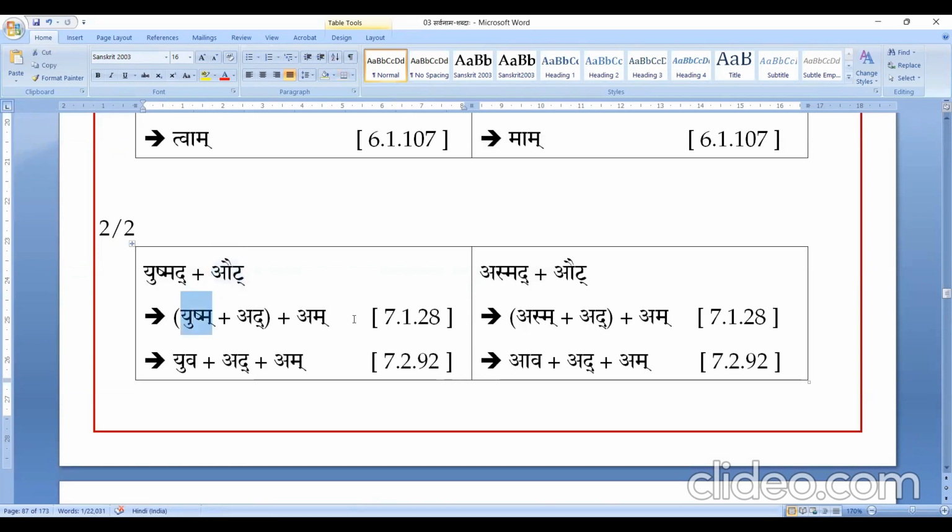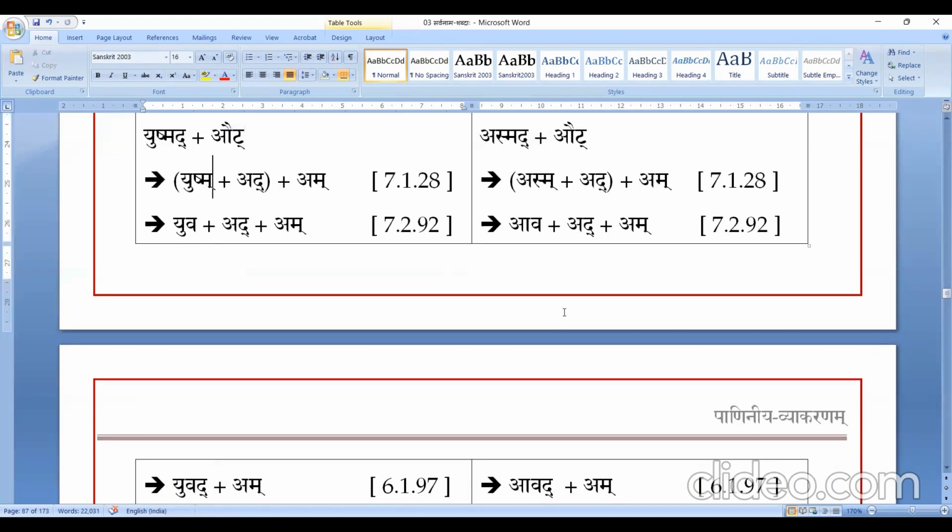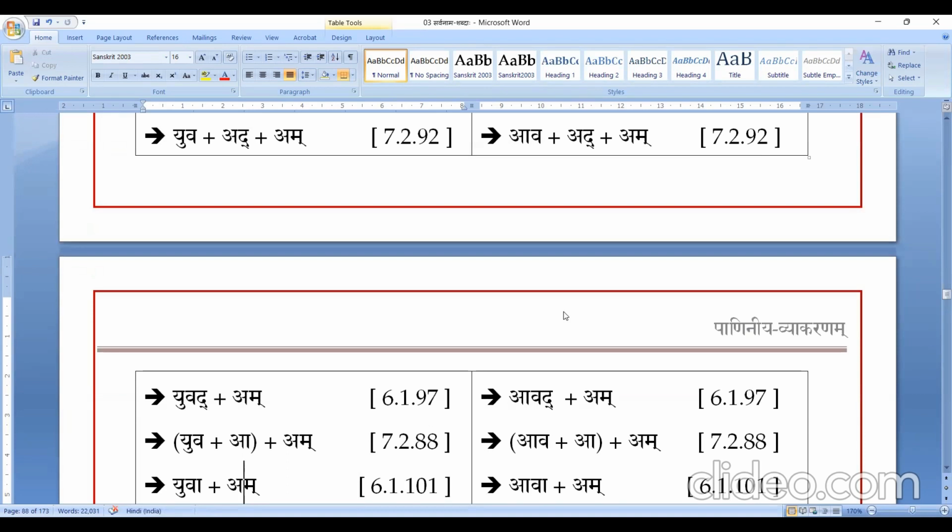So after Yushmad, the Yiva adesha, and similarly after Asmad, the Avad adesha. So Yiva plus Ad, and now this will get Atva Adesha. Therefore by Atogune you can join Yivad and Avad.